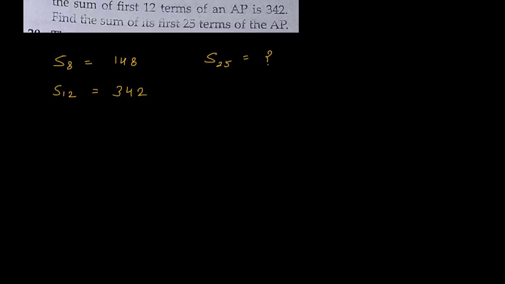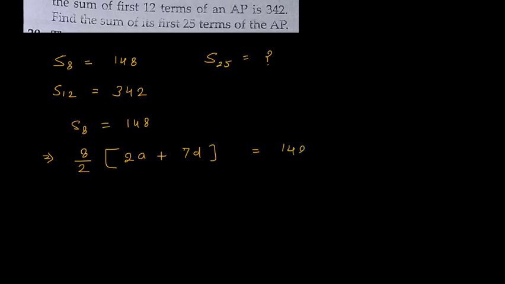Now Sn is n divided by 2 into (2A plus (n minus 1)D). By using that formula, S8 is equal to 148. This will give you 8 divided by 2 into (2A plus (8 minus 1), which is 7D).